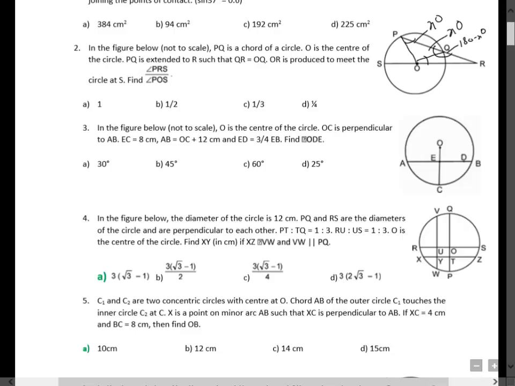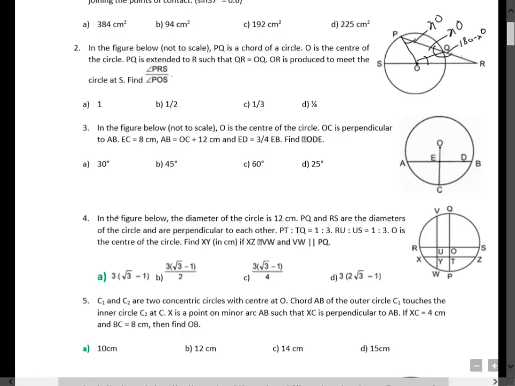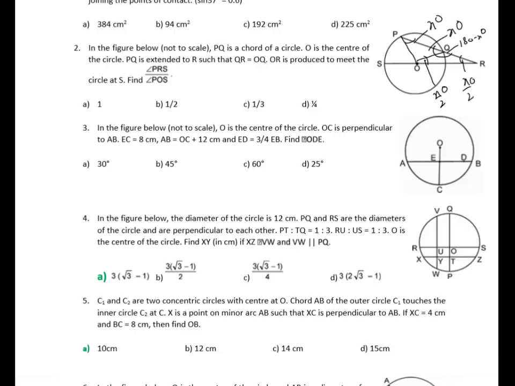It is x by 2. That angle is equal to x by 2. This angle is also equal to x by 2, because it is clearly given that OQ equals QR. Now what is PRO? That is x by 2.